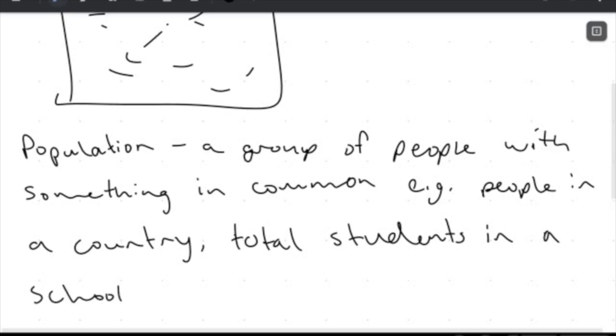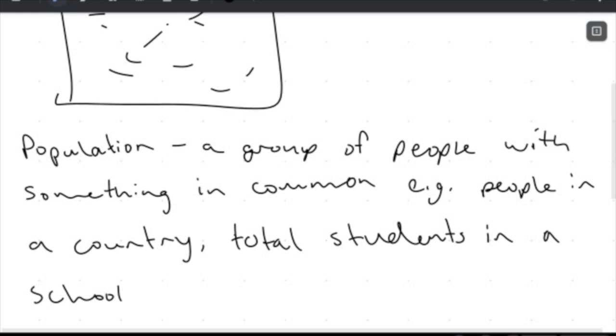And a bunch of other things can be applicable here. So all the people in a math class, for example, or all of the animals in Sydney, Australia. So it can be any sort of group which has something in common.